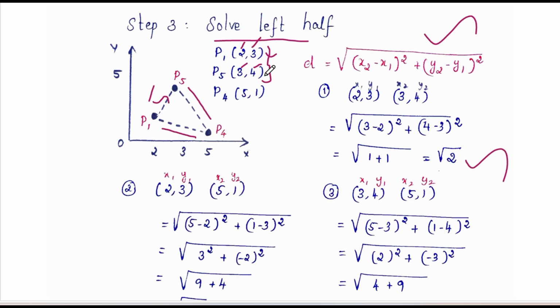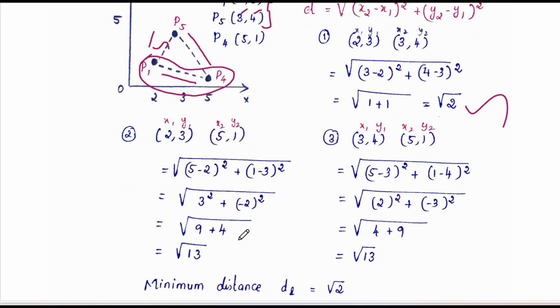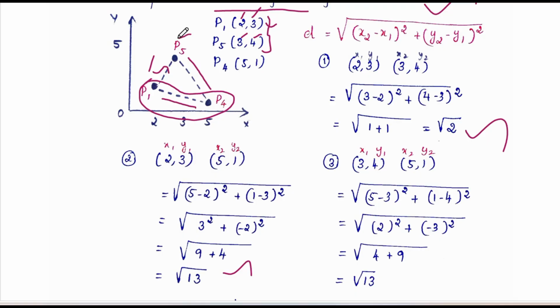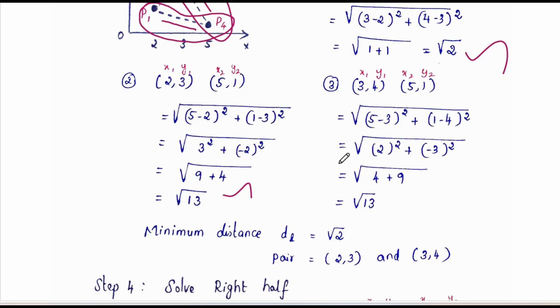Then find the shortest distance of the next two points, that is 2 comma 3 and 5 comma 1, P1, P4. Likewise we substitute all the values and get the result. Likewise we find the next one, 3 comma 4 to 5 comma 1, so P5 to P4. Likewise we find all the distances among the points.